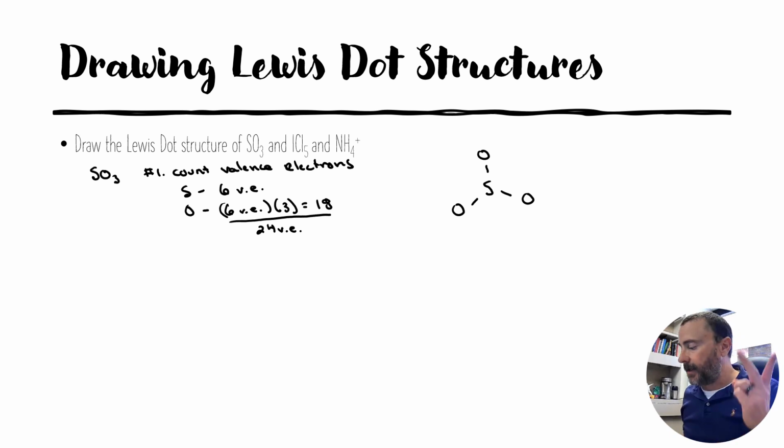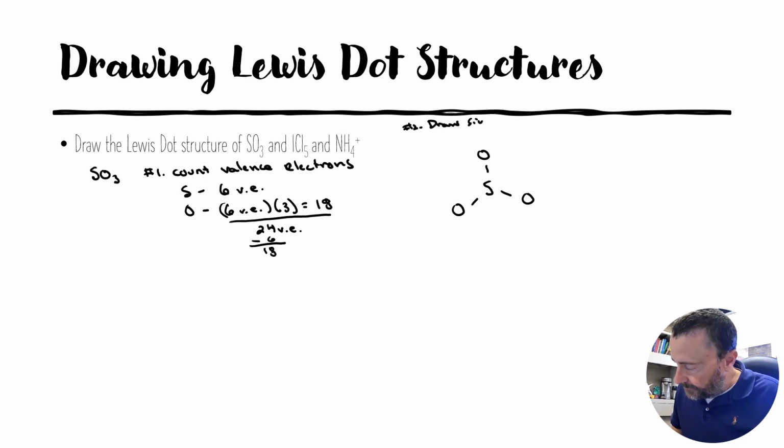Every single bond counts as 2 electrons. We've put in 3 lines, so that's 6 electrons. So I'm going to subtract off 6. 24 minus 6, we're down to 18. That was step 2, by the way, draw single bonds.